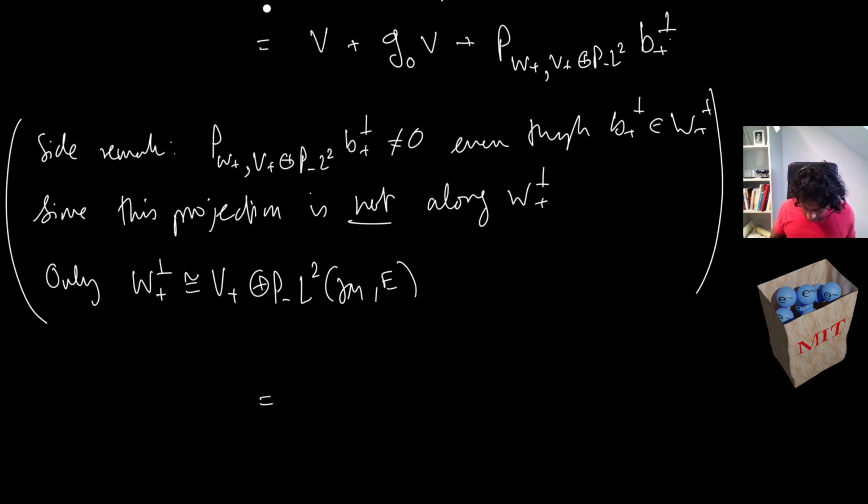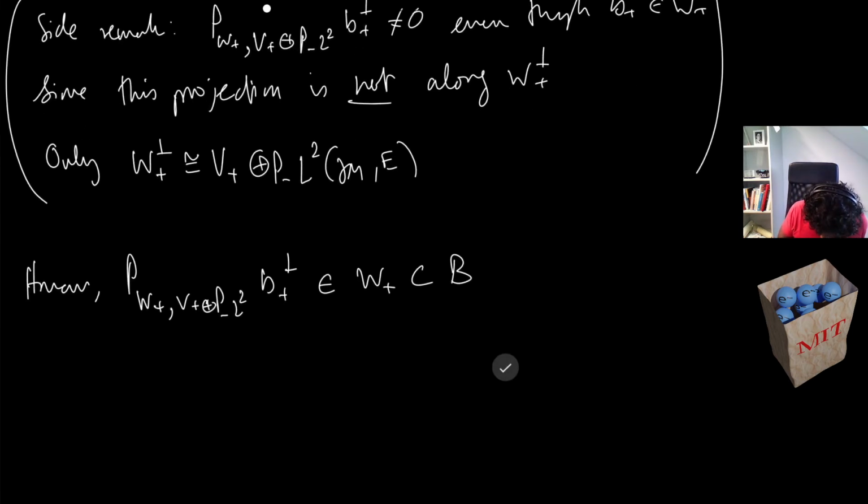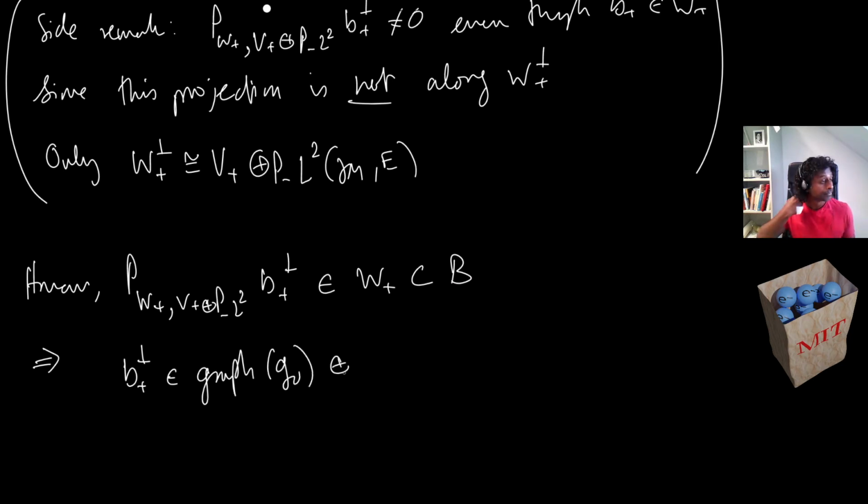All right, so with that side remark, however, the point is that we still win because PW plus V plus P minus L2B plus perp is an element of W plus, which is of course contained in B. So that shows that B plus perp is in graph G naught plus W plus.